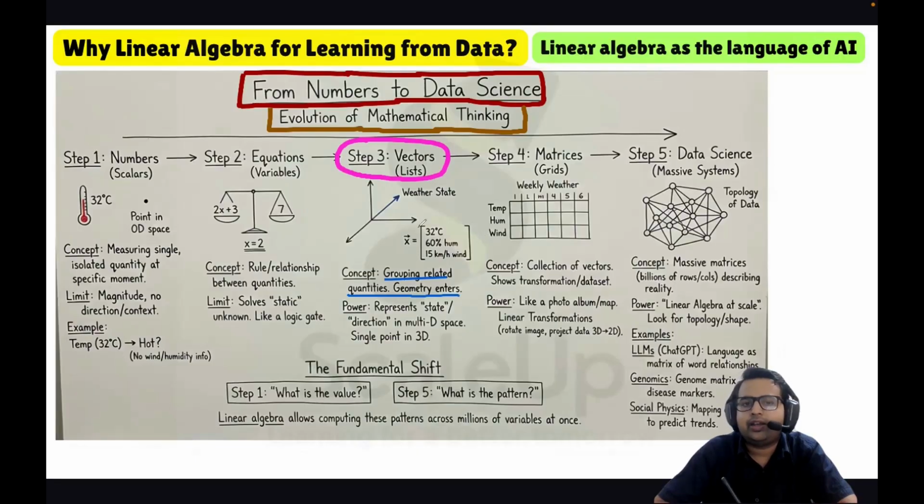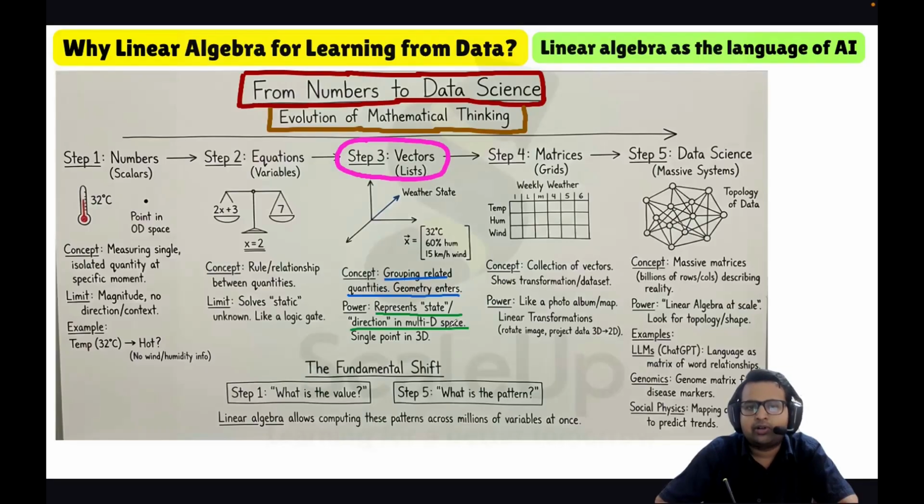In a vector, we group related quantities into a single mathematical object. And the benefit we get is that a vector represents state or direction in a multi-dimensional space. So vectors contain numbers, and they also represent a direction or a state in a multi-dimensional space.